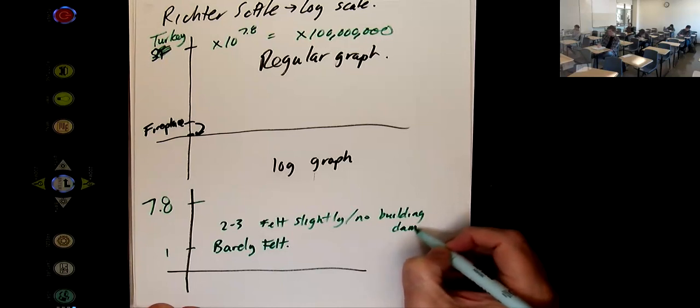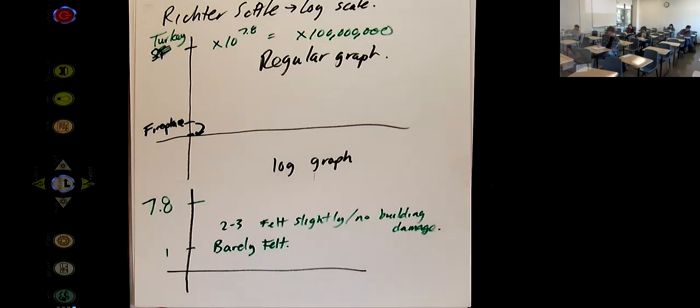That's how quickly it escalates. Even a 3 to 3.9 is more noticeable shaking. Sometimes it causes building damage, but rarely. You need a structurally unsound building for it to cause damage. And now you move up to 7.8 and it's leveling places. That kind of illustrates how the log scales work.